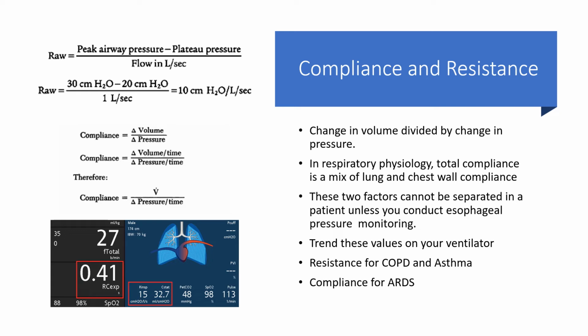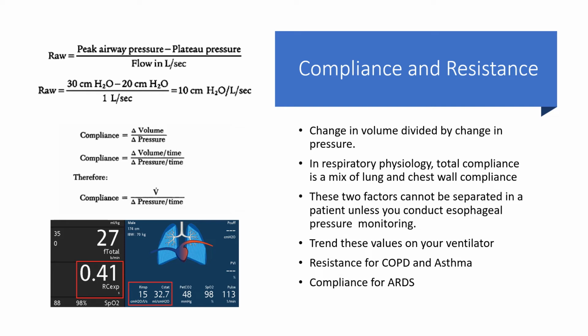When you think about compliance, total lung compliance is a mix of both the pressures in the lung and the pressures in the chest wall, which can sometimes be deceiving. For example, total lung compliance could appear very abnormal because you have someone with kyphoscoliosis, or someone who's morbidly obese.